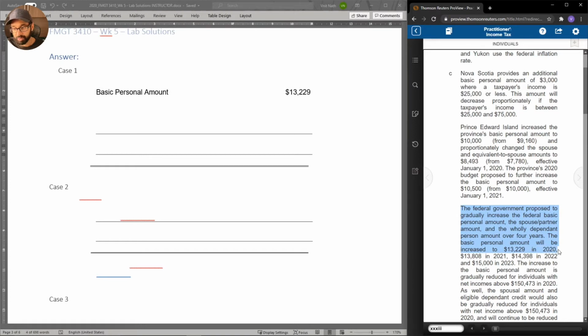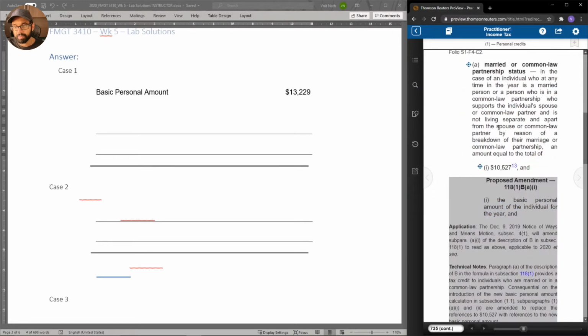13,229 in 2020. Now going back to section 118, subsection 1, paragraph A, we've figured out what the current year's number is, right? The 10,527 was the number in 2011, and since it's been indexed to inflation. And there's more to it than that for someone that's married or in a common law partnership relationship.